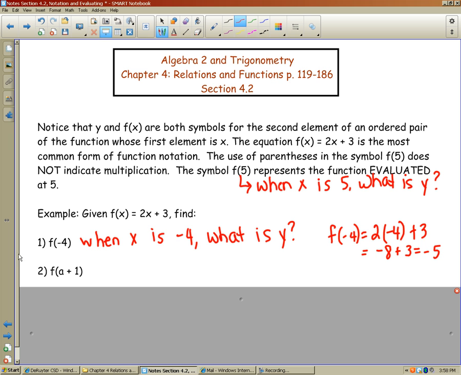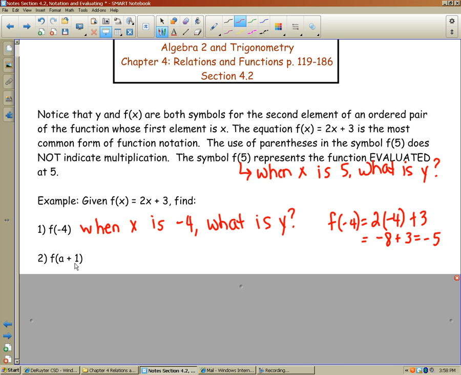We can do the same thing, but we don't necessarily have to have just a number in here. Same idea. When x is a plus 1, what is y? So we're going to plug a plus 1 in for x. So 2x plus 3.